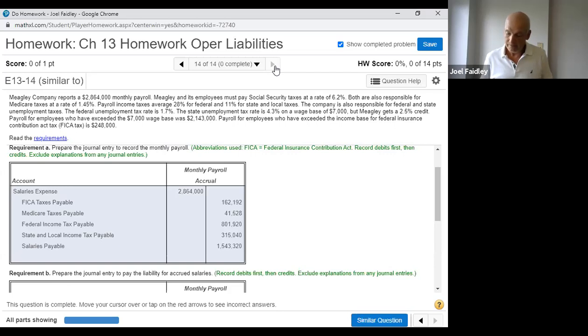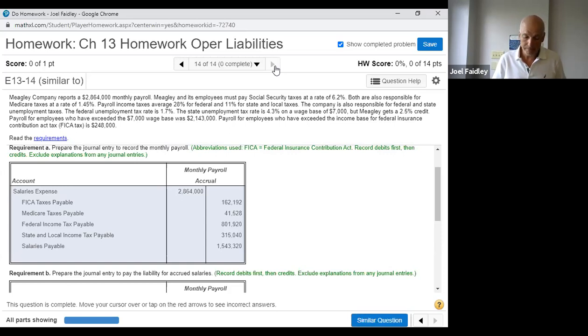The company pays federal and state unemployment. Employees never pay that. It says the federal unemployment rate is 1.7, the state unemployment rate is 4.3, and a wage base of 7,000. Okay, legally gets a 2.5% credit. So in reality, they're paying what? 1.8% for state.